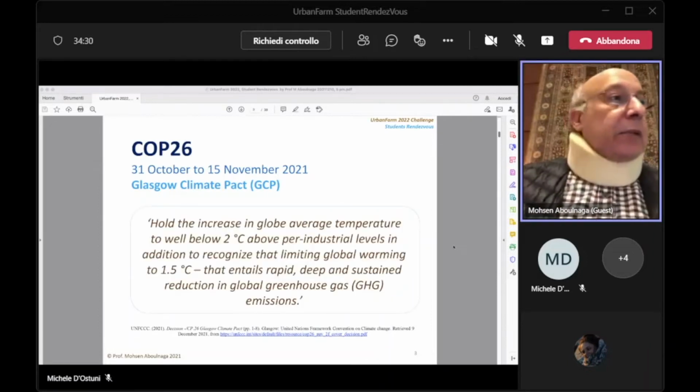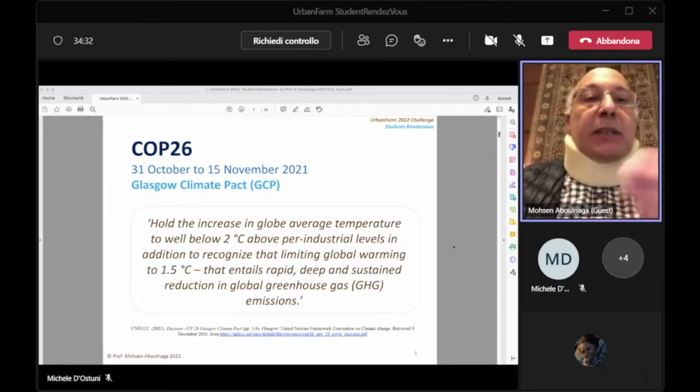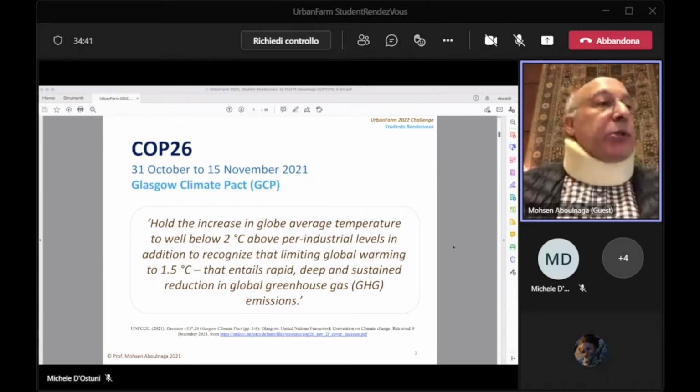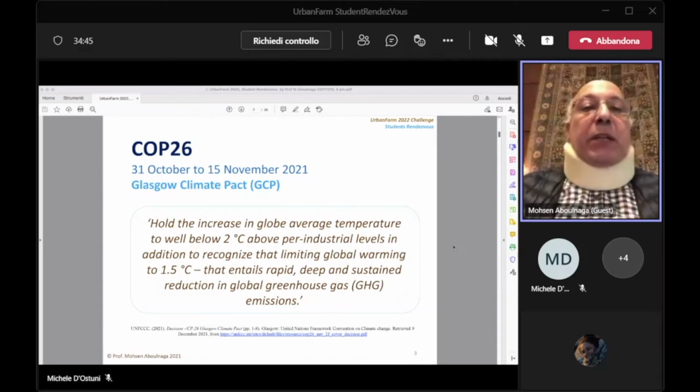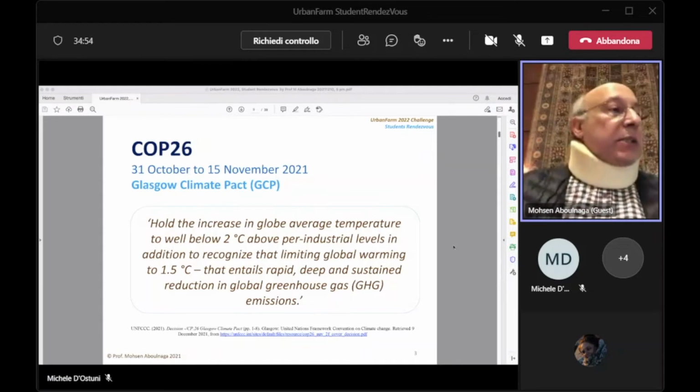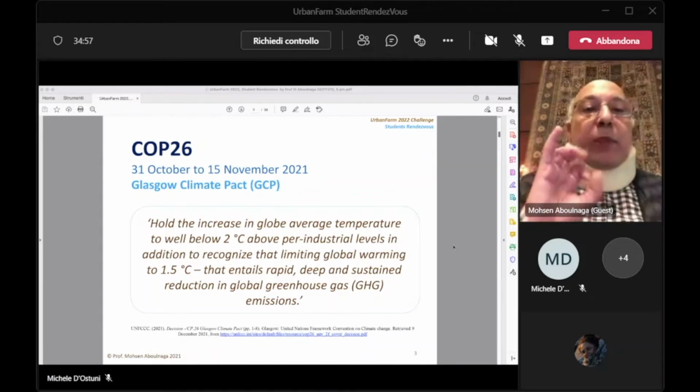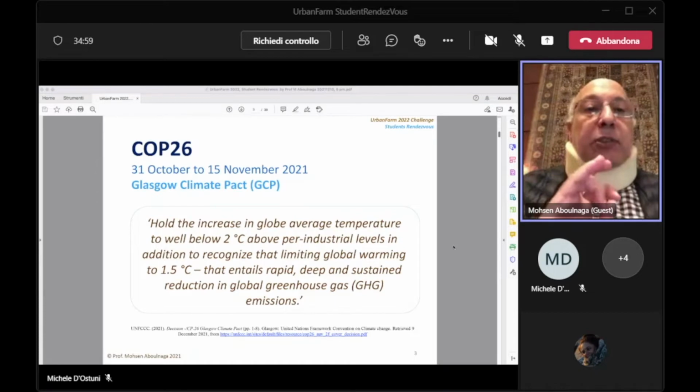Among this part of the Glasgow Climate Pact, it indicated that the whole world should hold the increase in global average temperature to well below 2 degrees Celsius above the pre-industrial levels. In addition, it recognizes that limiting global warming, as Professor Alessandra mentioned, to 1.5 degrees Celsius entails rapid, deep, sustained reduction in global greenhouse gas emissions.